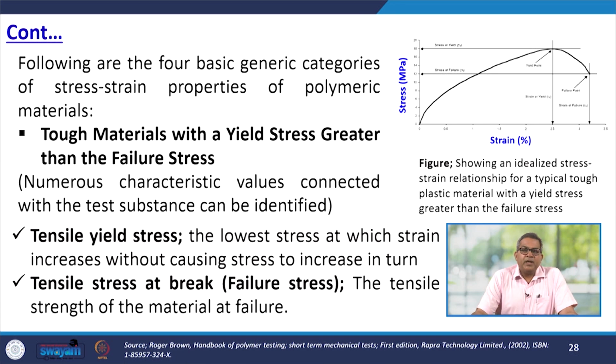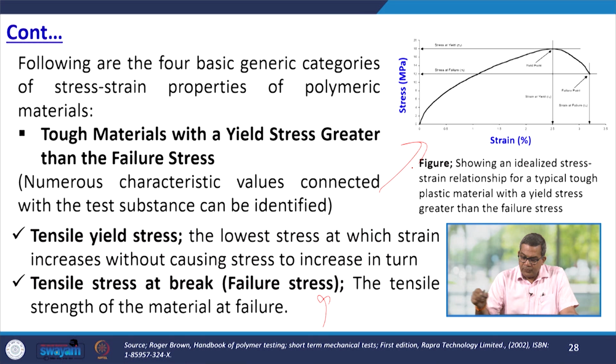Now, there are 4 basic generic categories of stress strain properties of polymeric material. One is the tough material with the yield stress greater than the failure stress, and numerous characteristic values connected with the test substance can be identified. The tensile yield stress is the lowest stress at which the strain increases without causing stress to increase in turn, and the tensile stress at break is called the failure stress, the tensile strength of the material at failure.